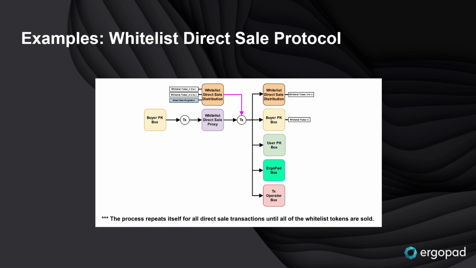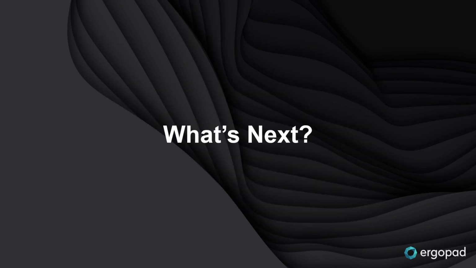We check for a proxy if it exists, and this process would repeat until all of the whitelist tokens are sold, or perhaps some sale period expires. And so hopefully, with what I've taught with the Ergoscript fundamentals and then the blockchain concepts and UTXO concepts, you're able to understand what was going on in these protocol diagrams.